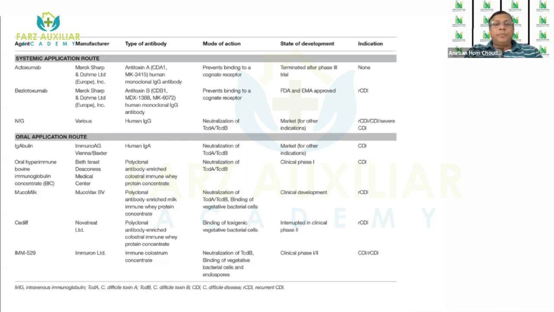Whether they prevent binding to a cognate receptor, as in the case of actoxumab or bezlotoxumab, or neutralization of other Clostridium difficile toxins, which is in IVIG, and binding actions to the vegetative bacterial cells. So these minor differences are there, but these are very important, particularly in relation to recurrent Clostridium difficile infection.